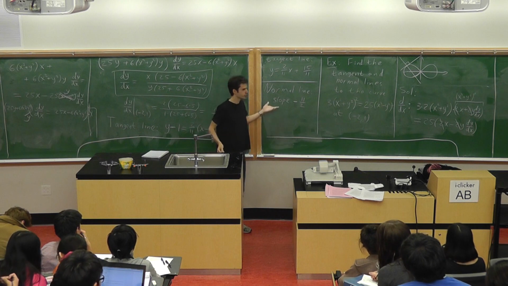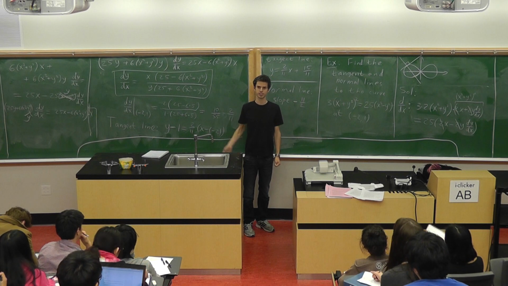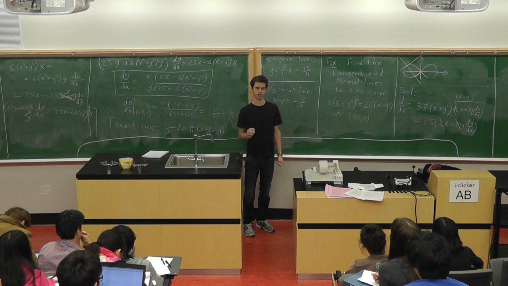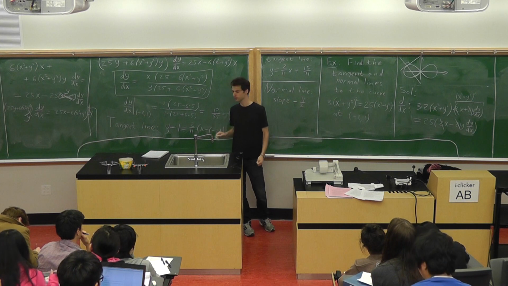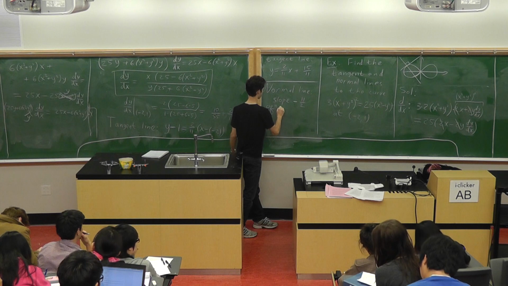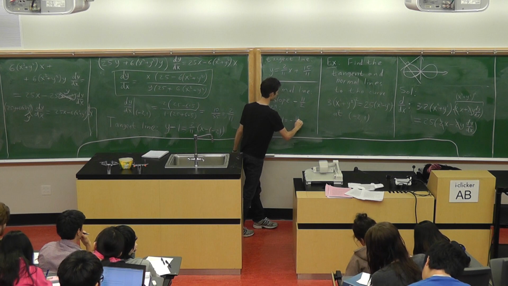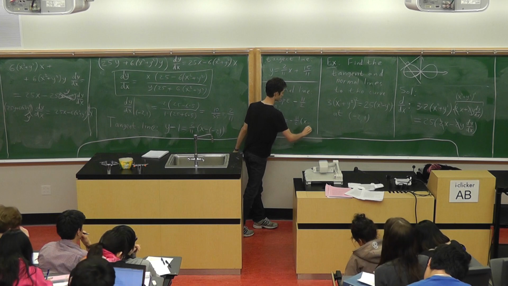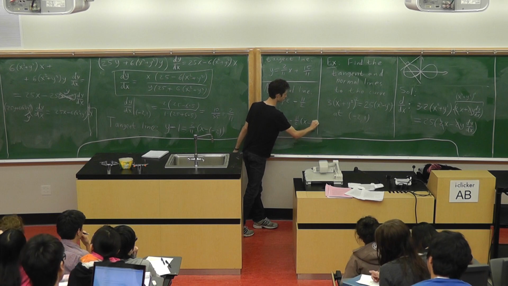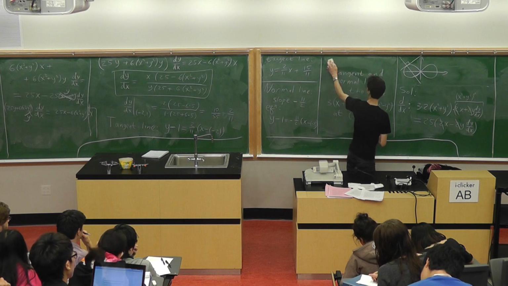But now to find the actual line, it's as easy as it was for the tangent line. I still have the same point on this line, still negative 2, 1. So the equation would be y minus 1 is negative 11 over 2 times x minus negative 2.